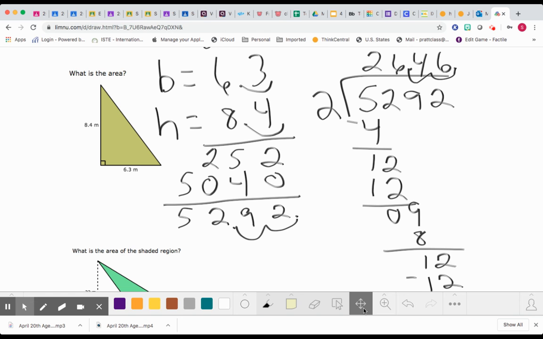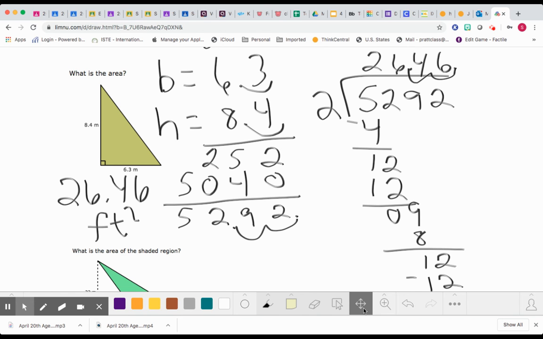Whichever way is easier for you. Just remember you need to put that decimal back in. Okay, so our answer for the area of the green triangle here is 26.46 square feet.